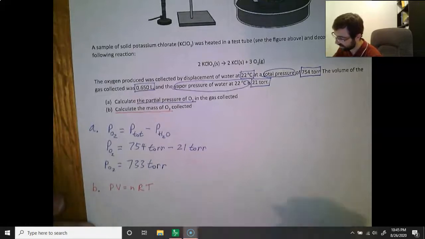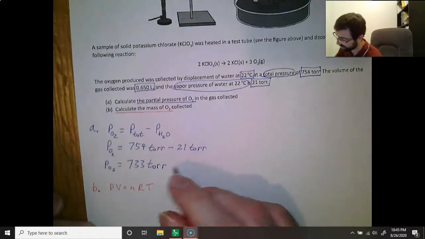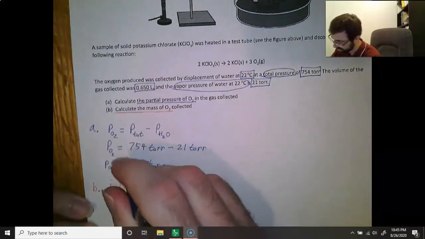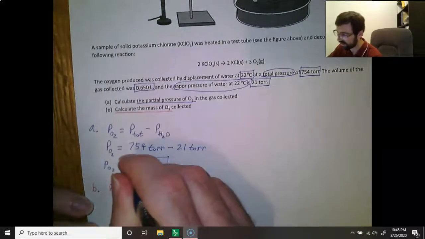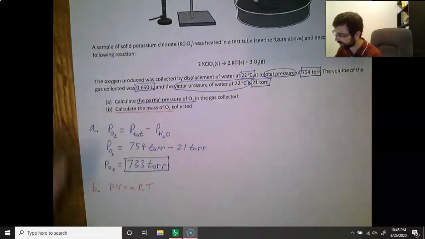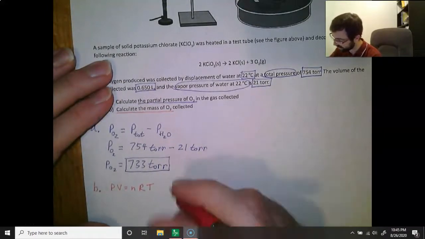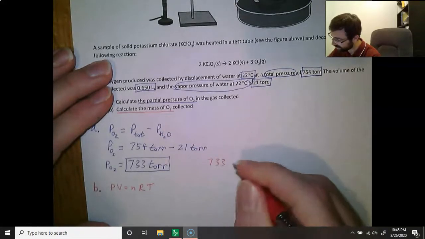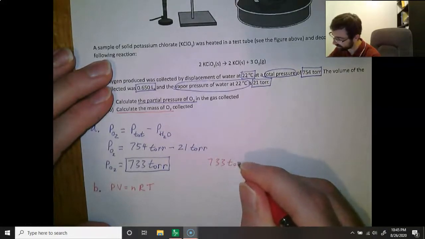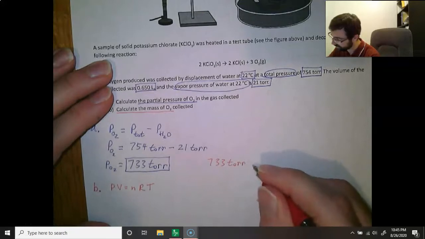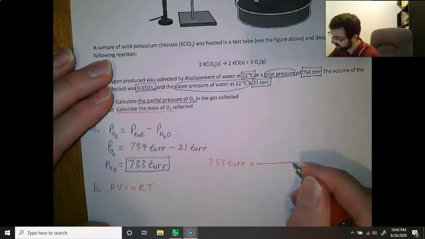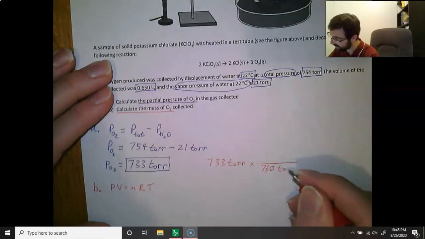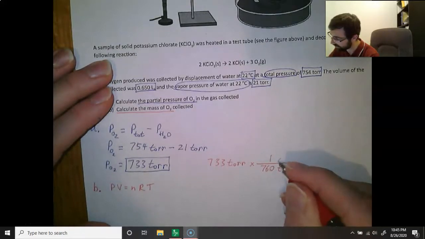So really, this 733 torr, for it to be useful to me, I need to convert it into atmospheres. And we know the relationship between atmospheres and torr: 760 torr is equal to 1 atmosphere.